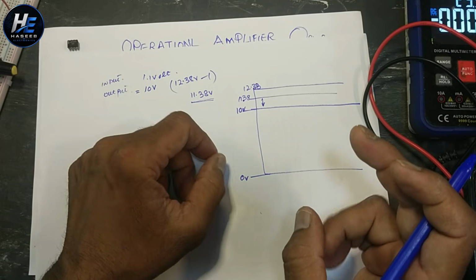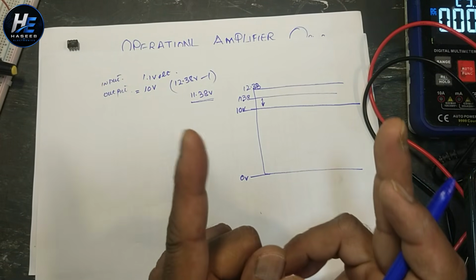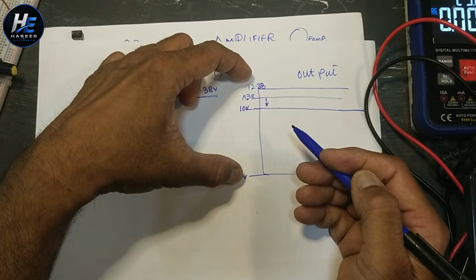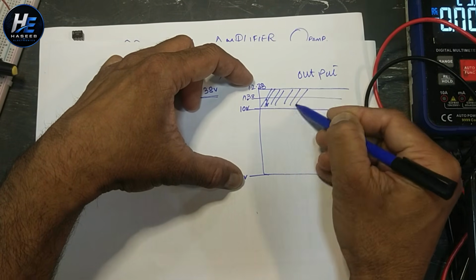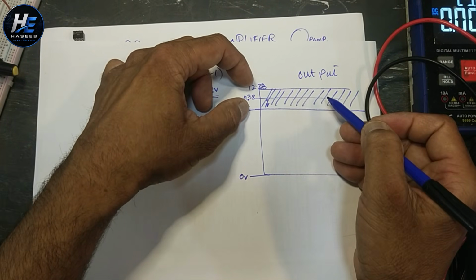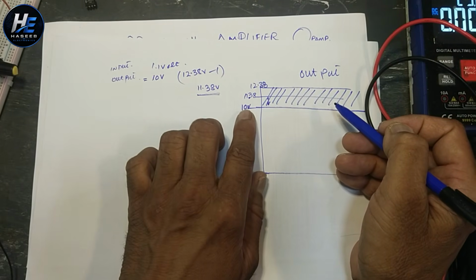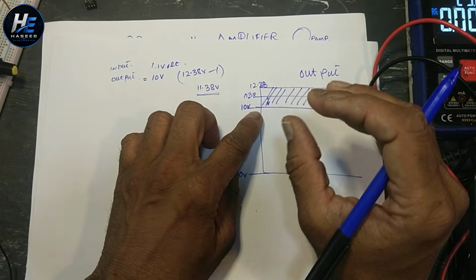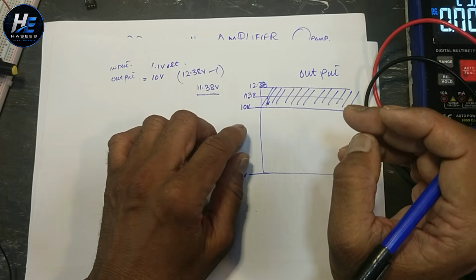This is in the case when we are using a single supply to power up this IC. This is output. We have this supply line. We will keep this portion spare. We have possible output 11.38, but we will leave 10% headroom.